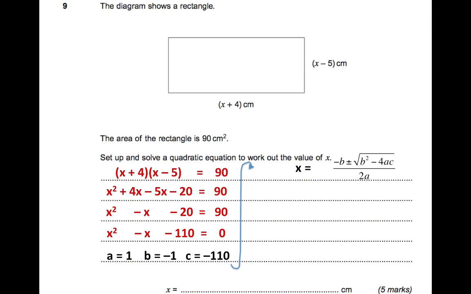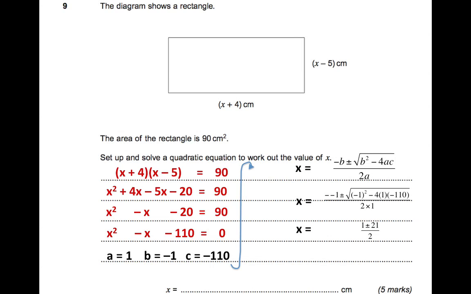So we put all those numbers in. x equals minus minus 1 plus or minus square root of minus 1 squared minus 4 times 1 times minus 110, all over 2 times 1. There's a lot of minuses there you could get tripped up on, so be careful with that. And it all boils down to 1 plus or minus 21 all over 2.